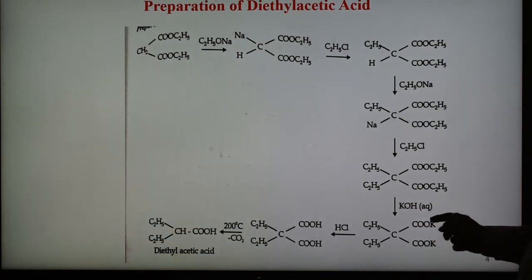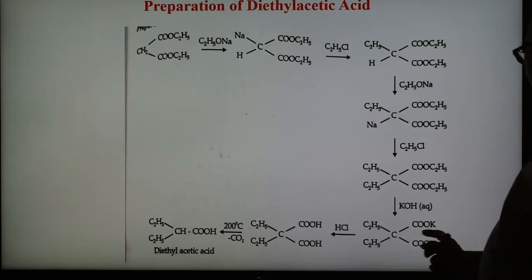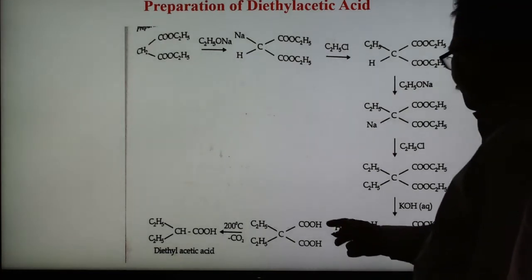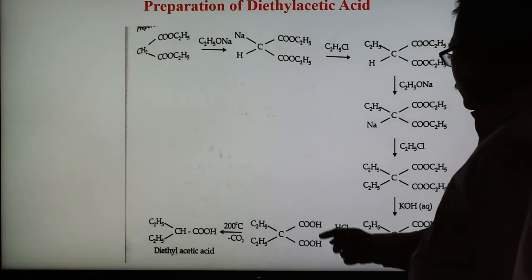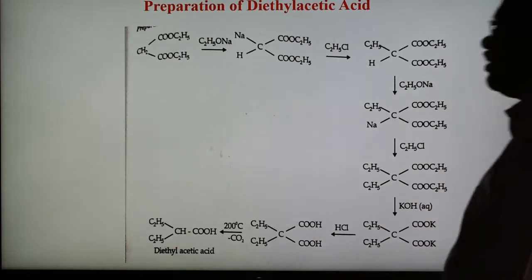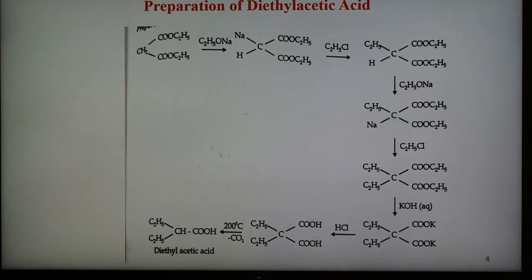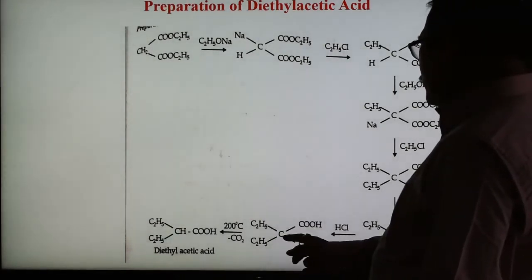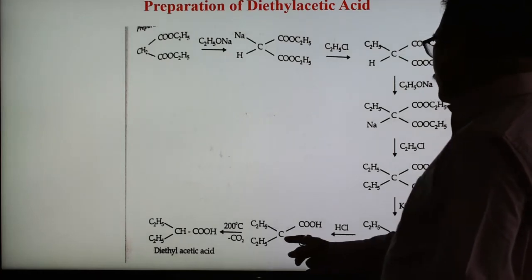So 2K are coming here and 2 C2H5OH are replaced, and after acidification with HCl, in place of 2 potassium, hydrogens are here. Then there is immediately a loss of CO2, that is, decarboxylation takes place, and we get the compound (C2H5)2CHCOOH.